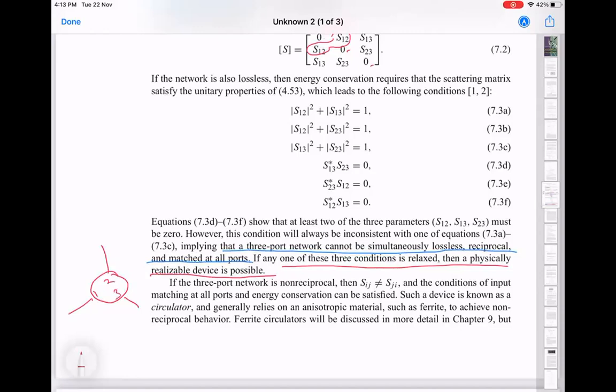So it turns out that the circulator, even though it seems to be doing somewhat of a non-standard operation, the fact that it's non-reciprocal is actually one of the things allowed in a 3-port network most naturally, being lossless. But then you only have power transmission from here to here, but it doesn't go in the reverse direction. So it doesn't satisfy reciprocity. And this is what is called a circulator.